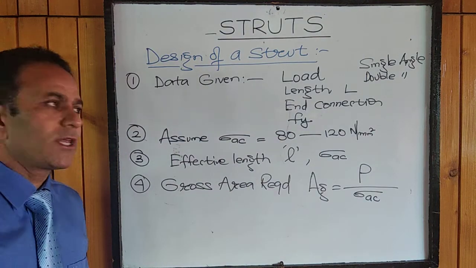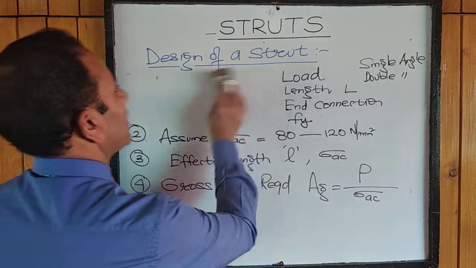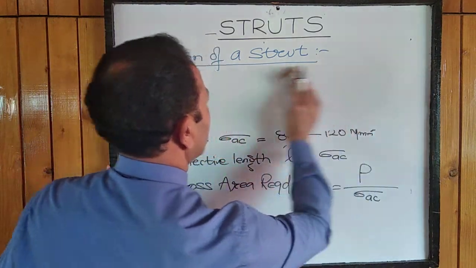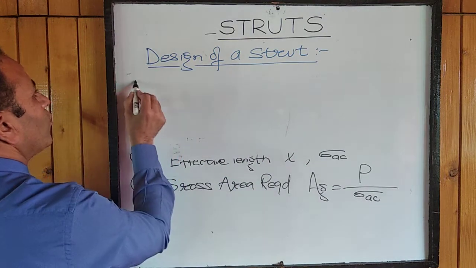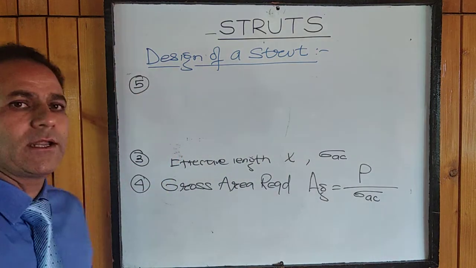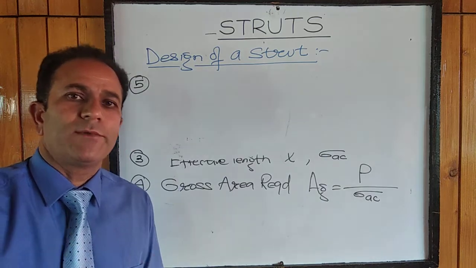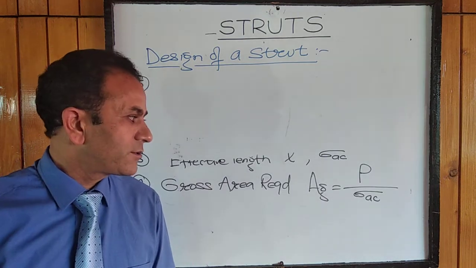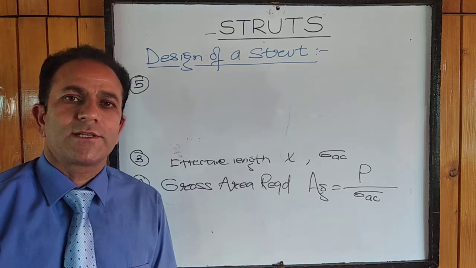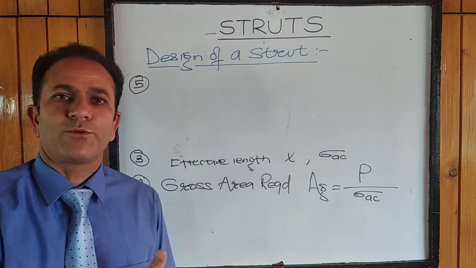Once we get the gross area, we will go to the steel table and select a section accordingly. We will select a section which has a gross area more than our requirement. If it is a double angle section, we will look from the double angle sections, and the area requirement shall suffice; or if it is a single angle section, then a single angle should provide us so much area.